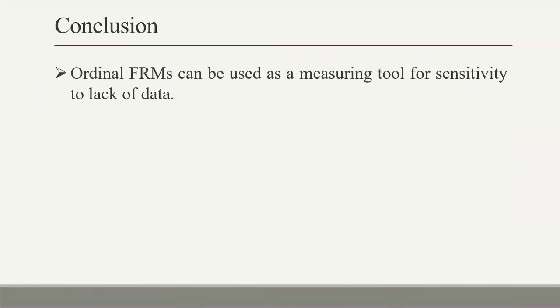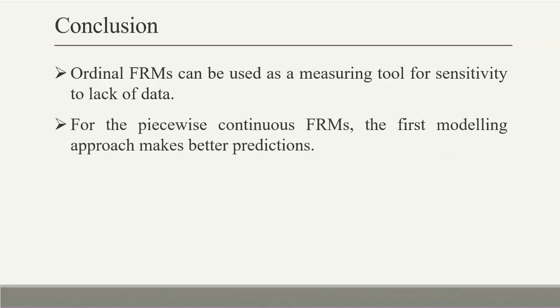If I make a conclusion out of it, first of all, the ordinal first return maps that I defined can be used as a measure of the sensitivity of the data to lack of data. For the Lorenz case, the first return maps didn't change that much, but for Rössler, in some parts of the attractor, it's very sensitive to lack of data.